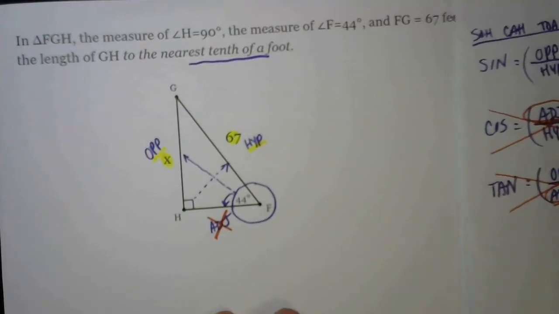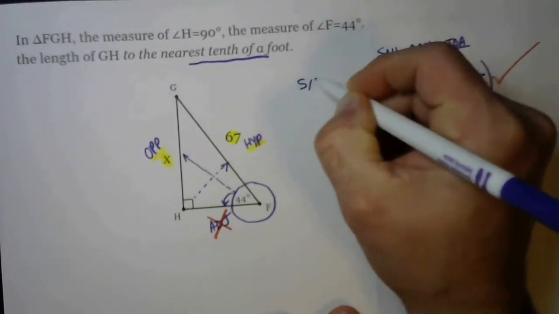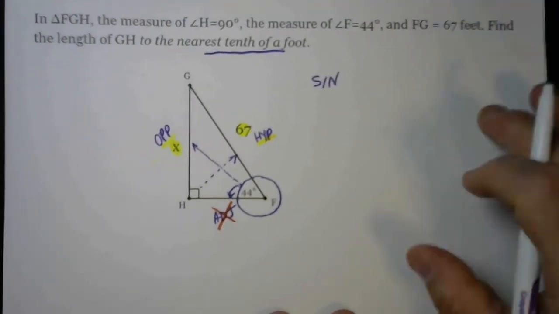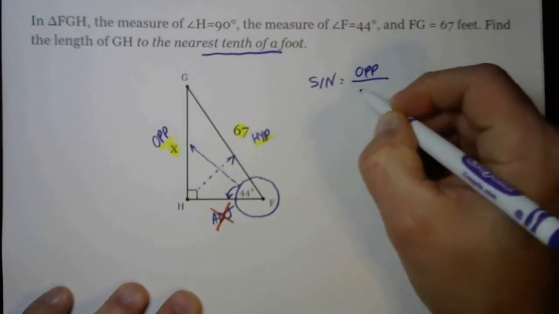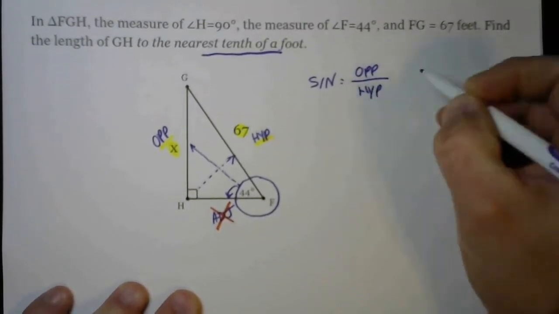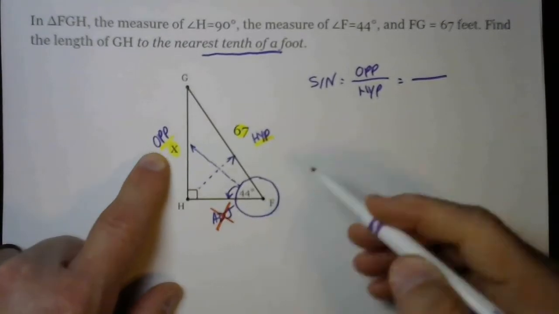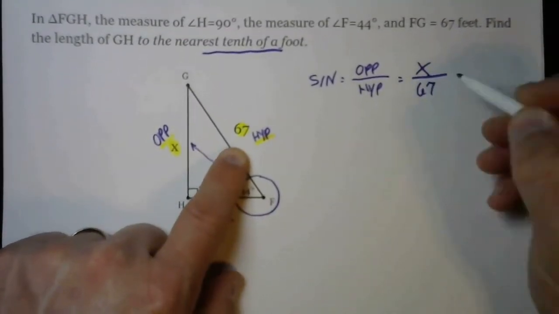So let me move this out of the way and write sine. That's the one I'm using. Sine equals opposite over hypotenuse. My opposite side from my reference angle is x. My hypotenuse is 67.